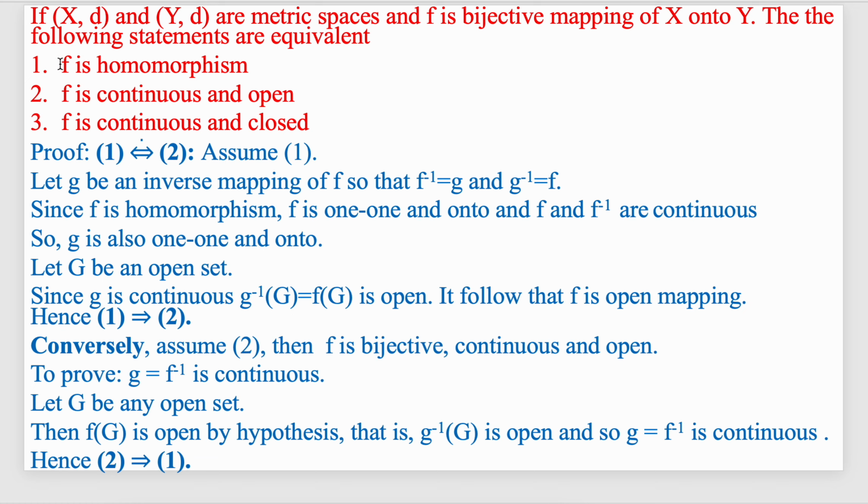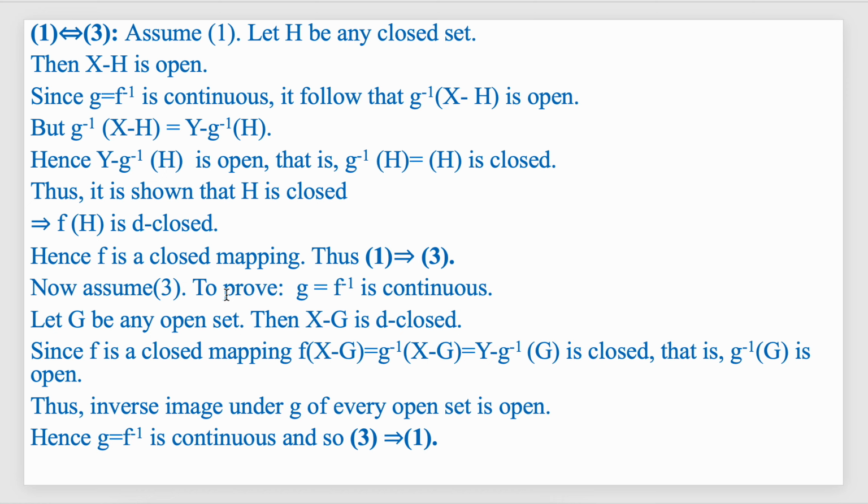So we have proved that f is a homeomorphism if and only if f is continuous and open. Now we will prove 1 if and only if 3, that is, f is a homeomorphism if and only if f is continuous and closed. Let us assume 1. Let H be any closed set. It means its complement is open, means X minus H is open.